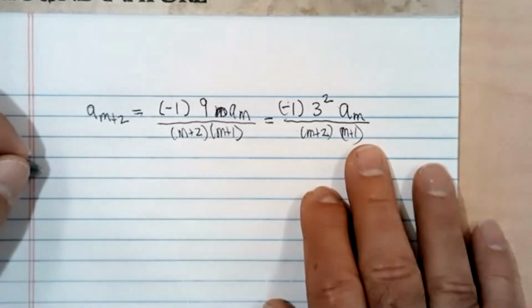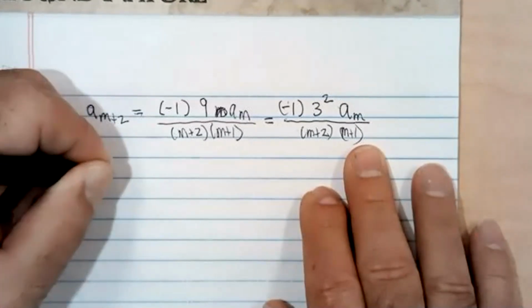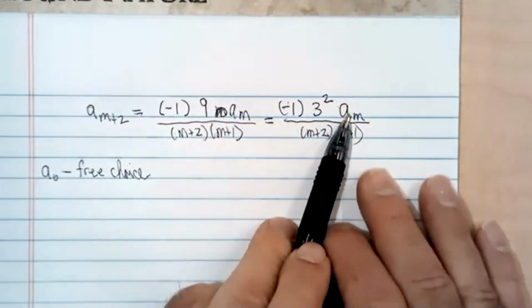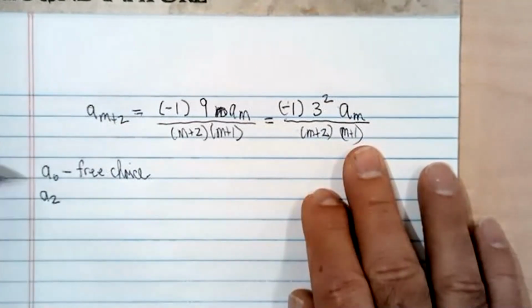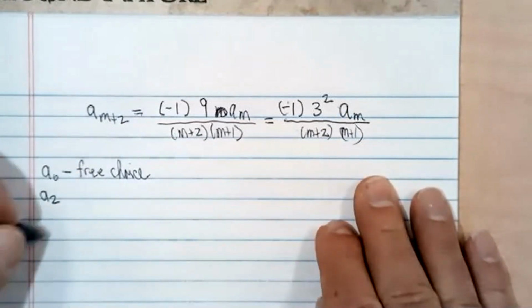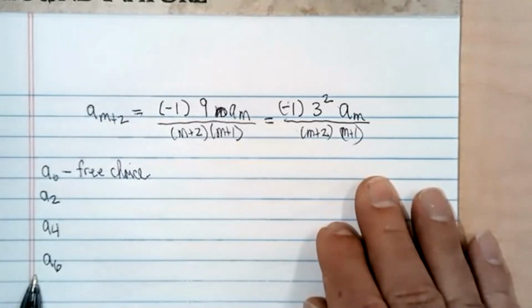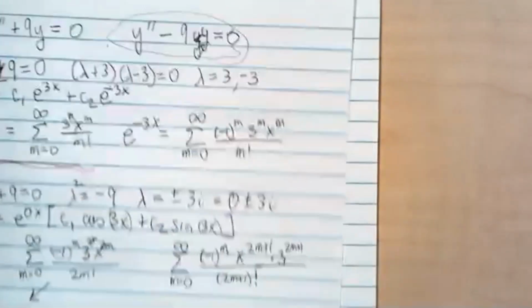So what that means is A0 is going to be a free choice. And once I have A0, that's going to force A2. Once I have A2, that's going to force A4, etc. So I'm going to get the even subscripted terms here. So what that means is I am generating the coefficients for, let's see, where did I put it?